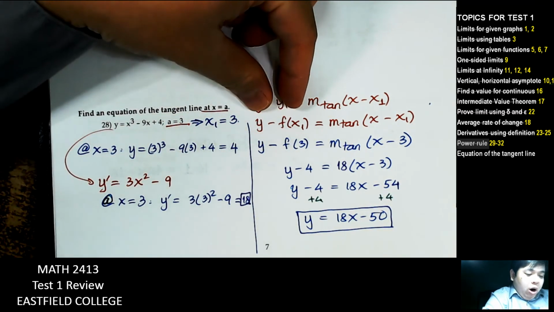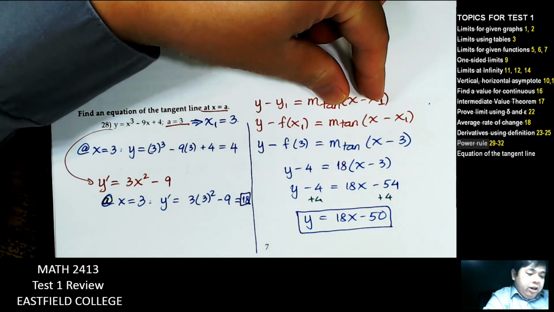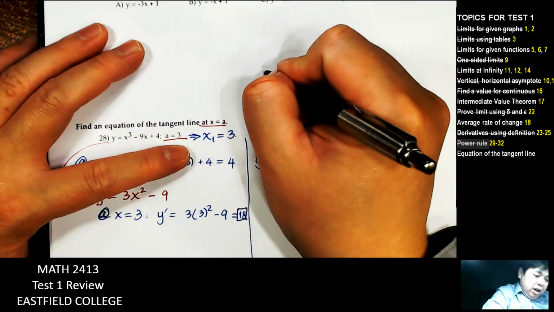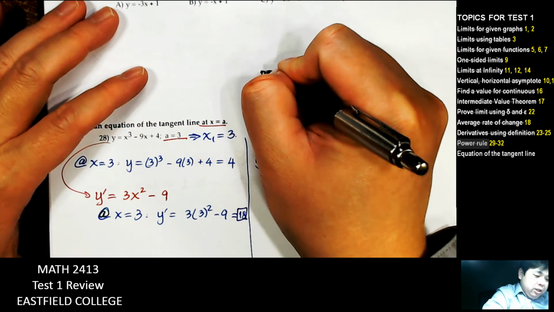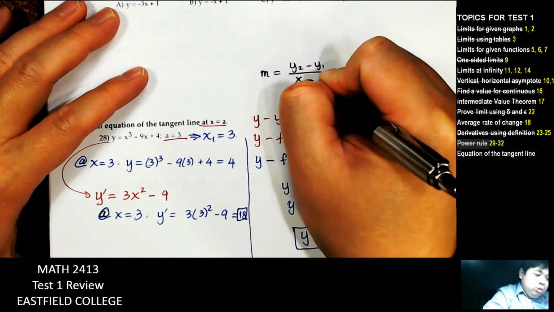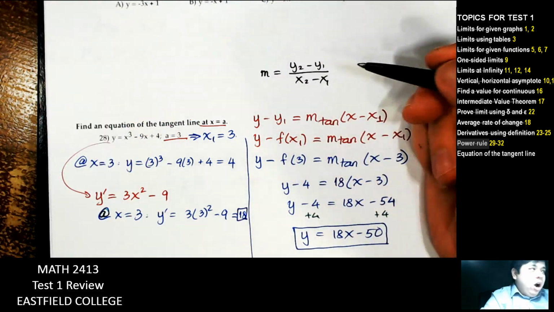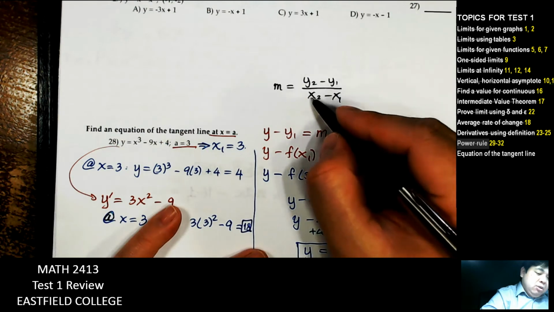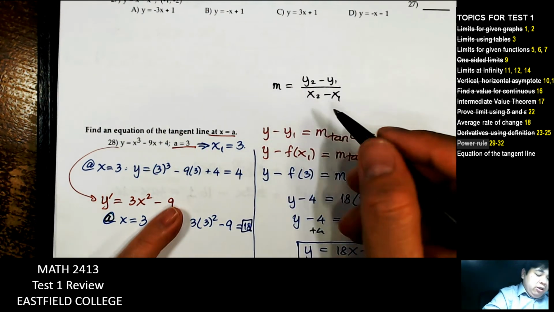We need the difference in y, the slope, the difference in x. If we need to derive that, we start with the slope equal to y2 minus y1 over x2 minus x1, which is rise over run. And then multiply by x2 minus x1 on the other side.